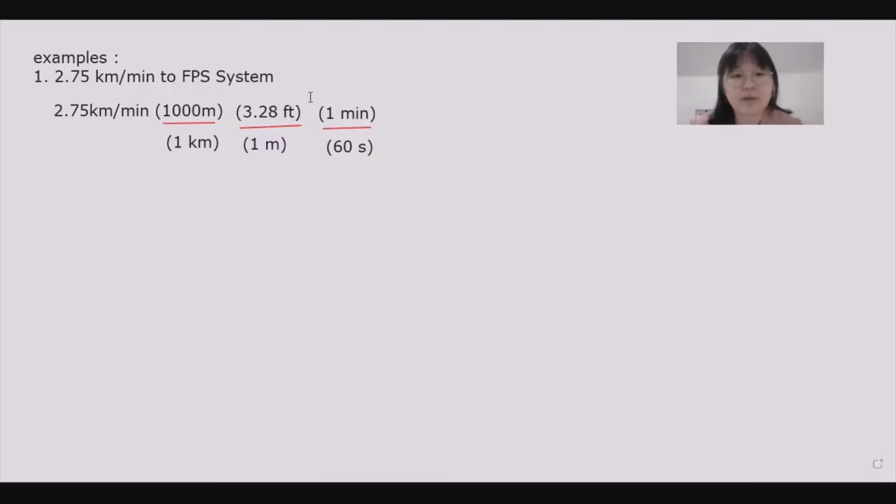How will we do it? First we remove kilometer and kilometer. And then we remove meter to meter, minute to minute. We will times it up.